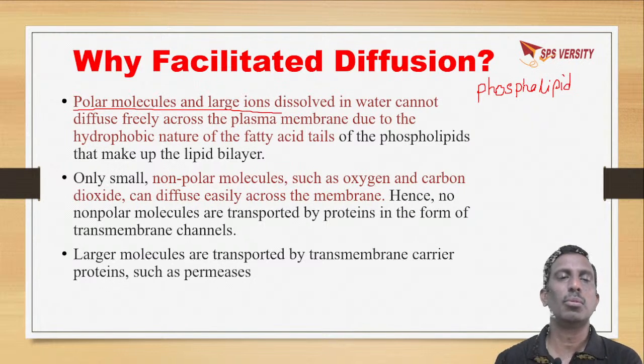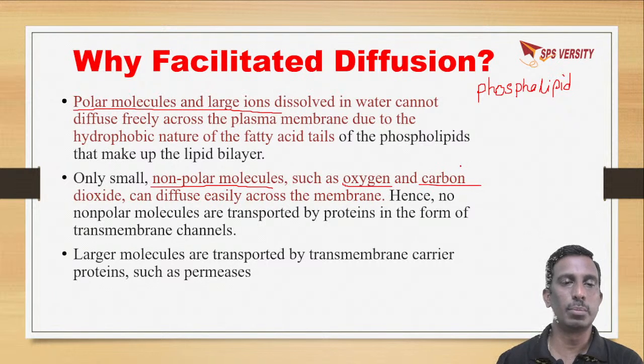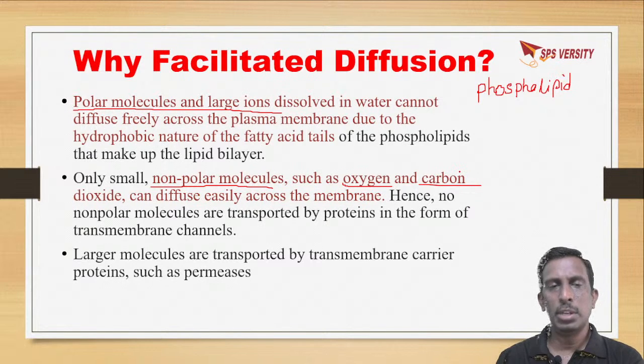Hydrophobic means which repels water, which hates water. So through a hydrophobic tail, only non-polar molecules like oxygen and carbon dioxide can diffuse across the membrane. So for the movement of polar molecules and large ions, they require proteins, which is done in facilitated diffusion.